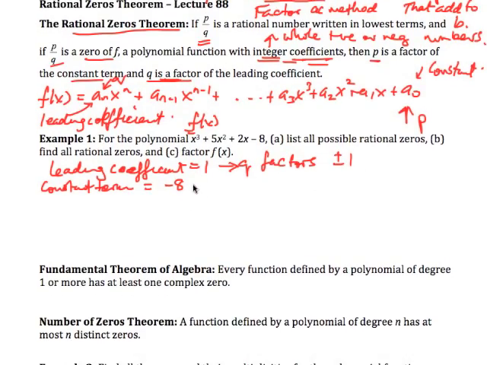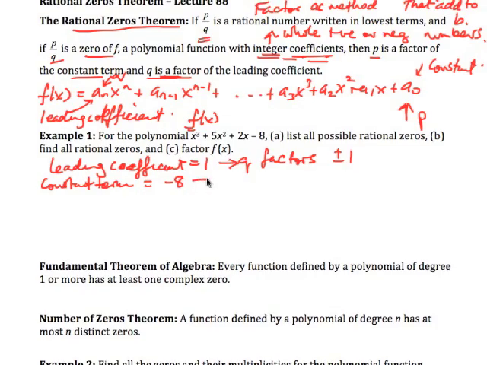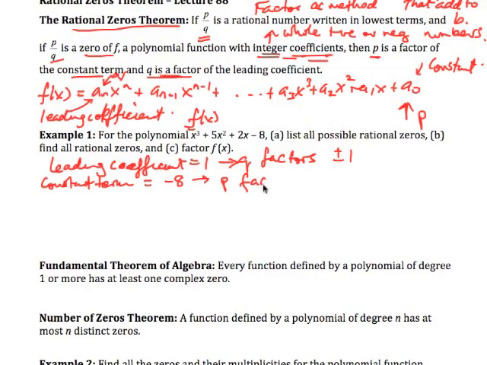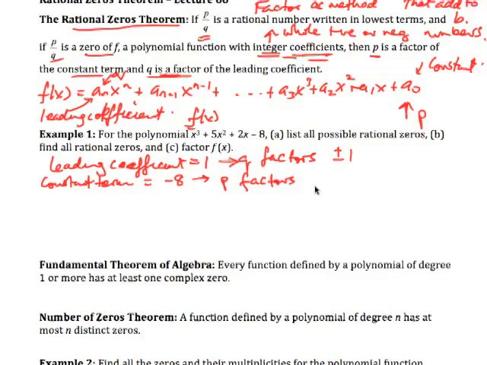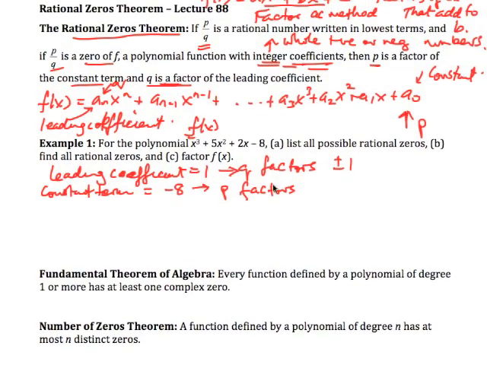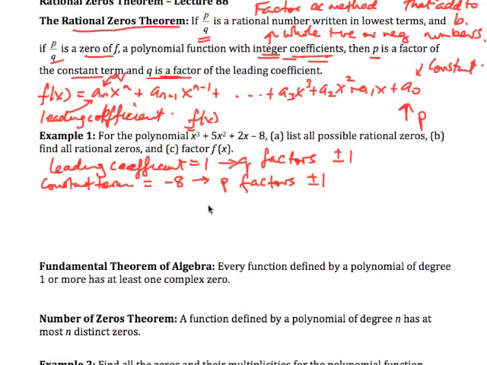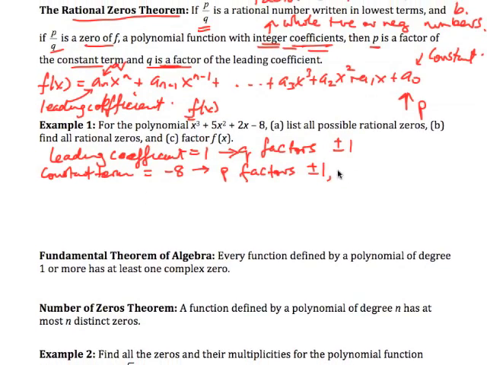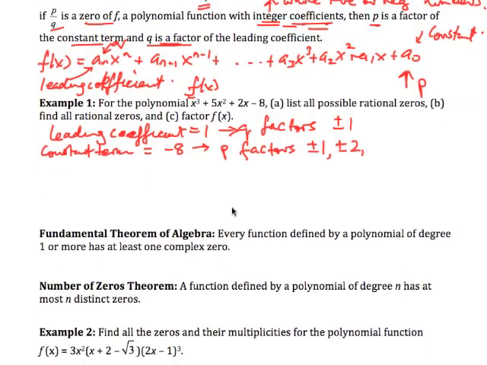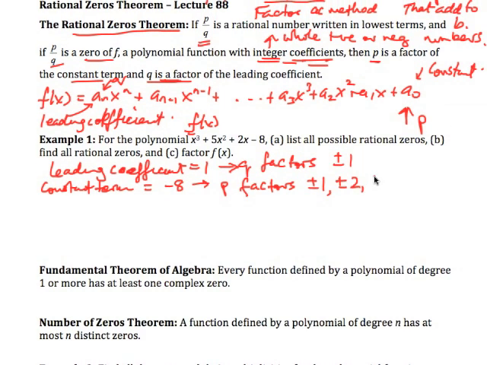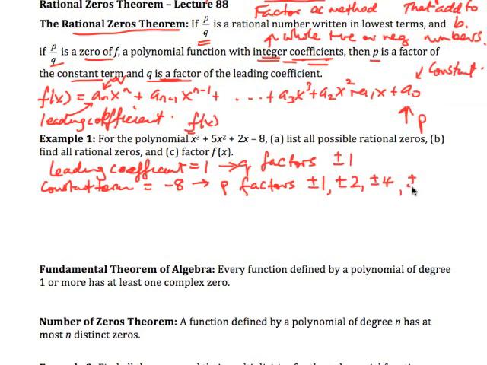Because negative 1 by negative 1 is 1, and 1 by 1 is 1. And for the constant term, we're looking for P factors. That is going to be, for negative 8, plus or minus 1, plus or minus 2, plus or minus 4, and of course plus or minus 8.